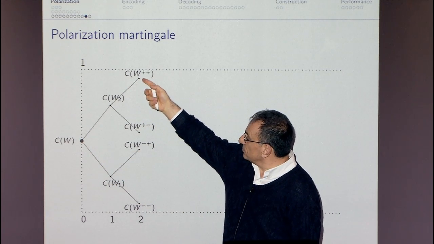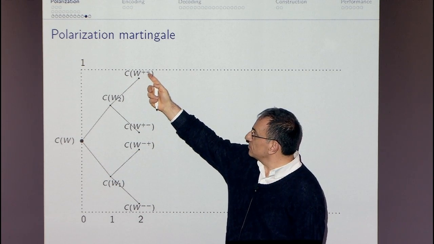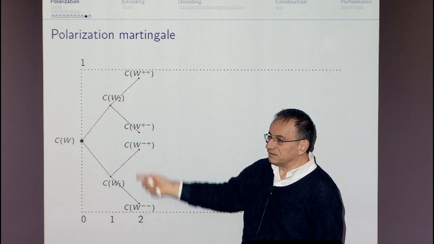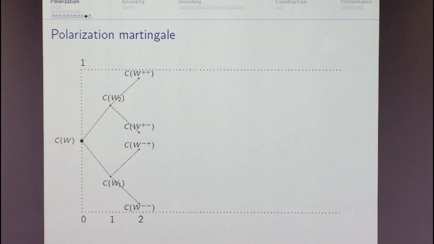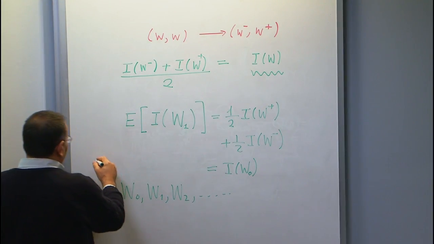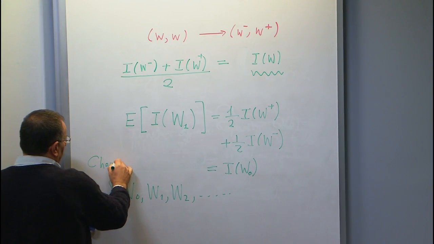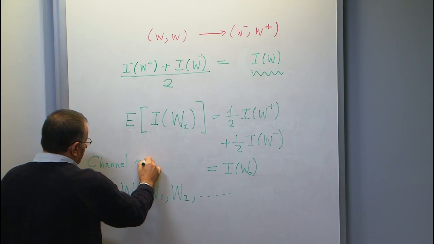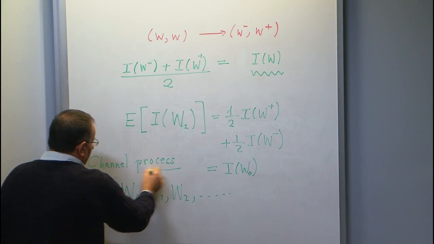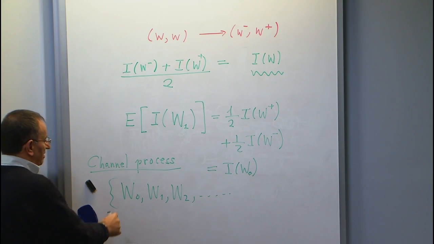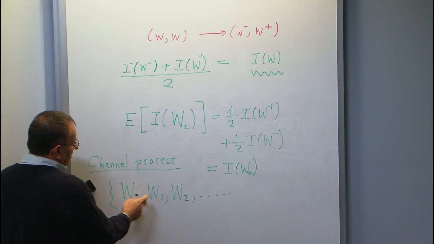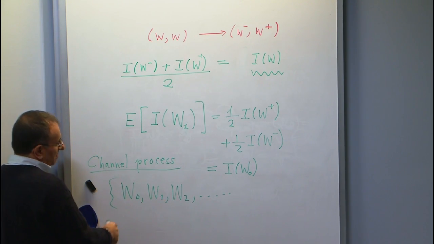W2, with probability 1/4, will be this, and so on. So I generate a uniform distribution, a channel process, if you like, a random process where the value of the random variable at each time instant is a channel.